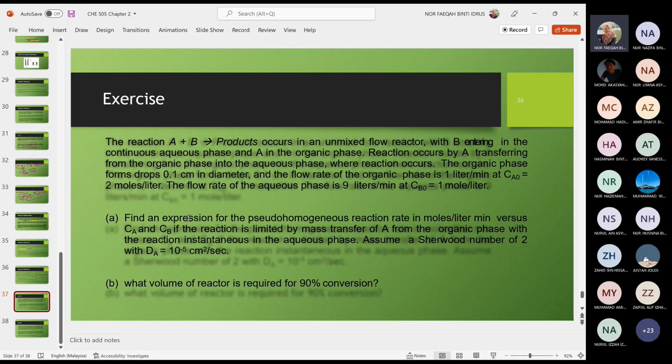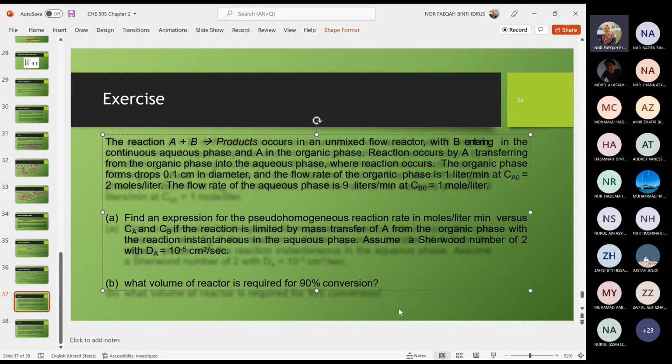Okay. This question is actually easy. It's just that we don't know whether we want to model the reactor as a PFR or as a CSTR. But the hint is given here: unmixed flow reactor.